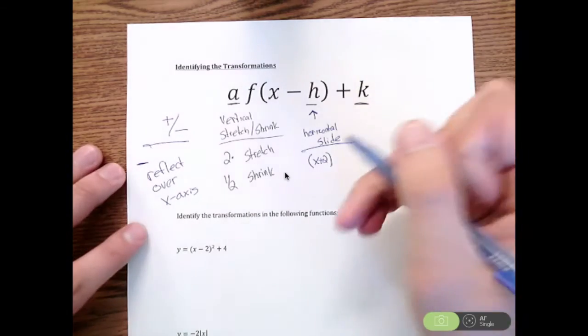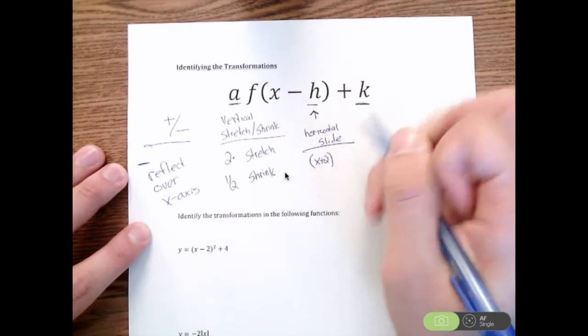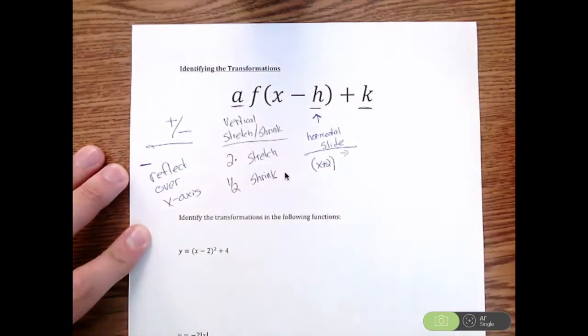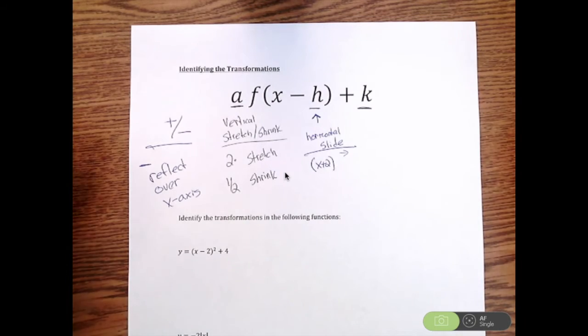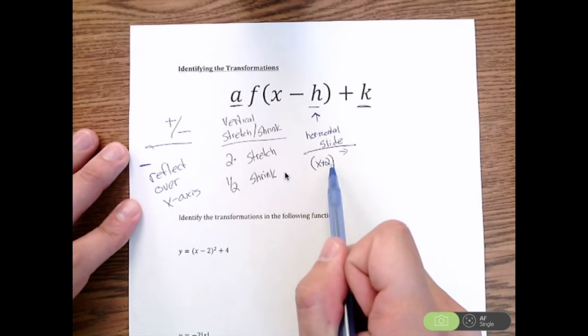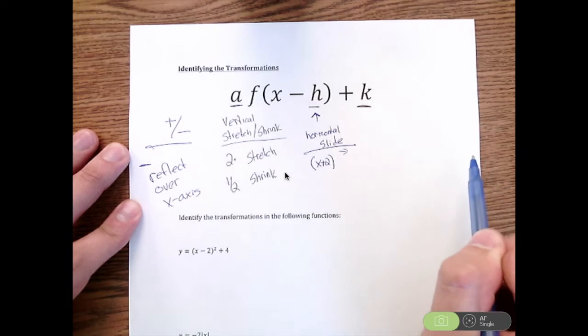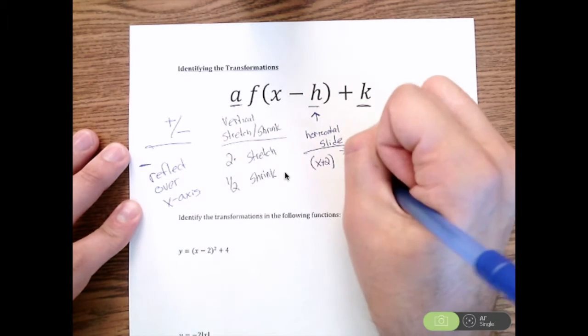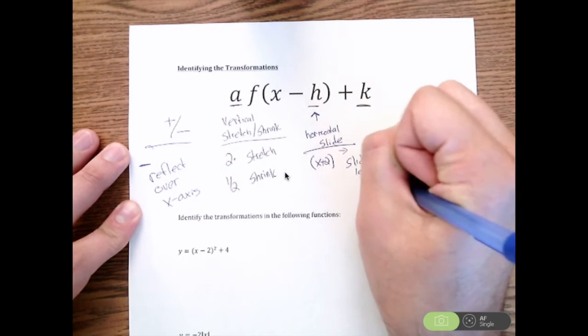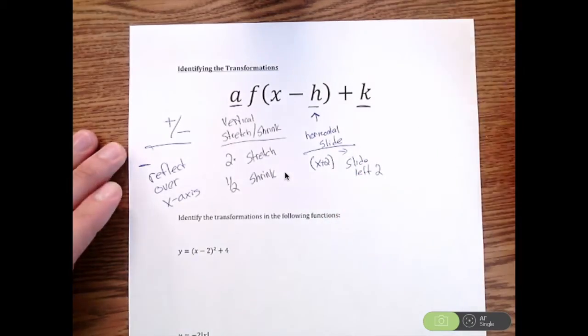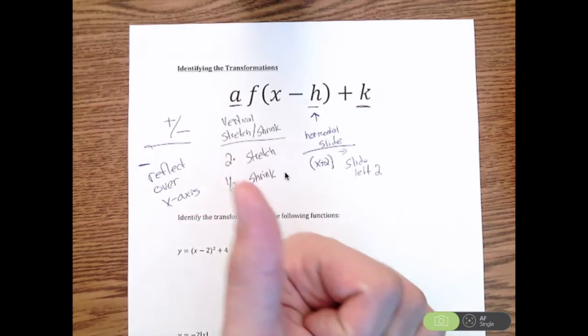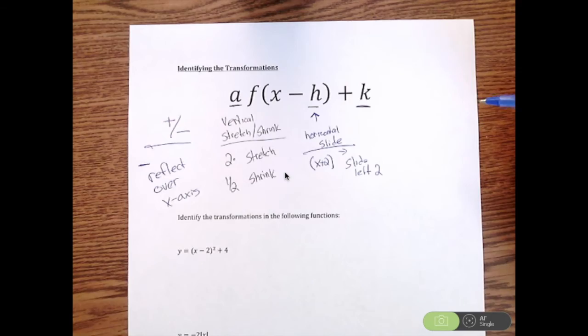Most people would think, since we're doing plus 2, that's going to slide me to the right. Well, again, H lies to you. Instead of heading towards the positive numbers to the right, you're actually going to slide left 2. So if it says plus 2, we're going towards the negatives and going left 2.